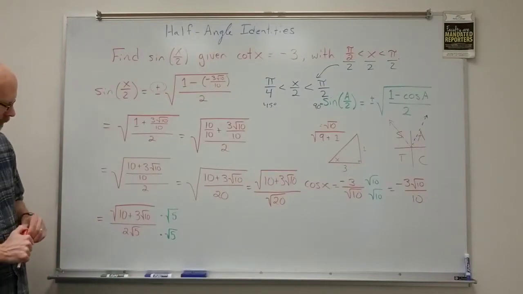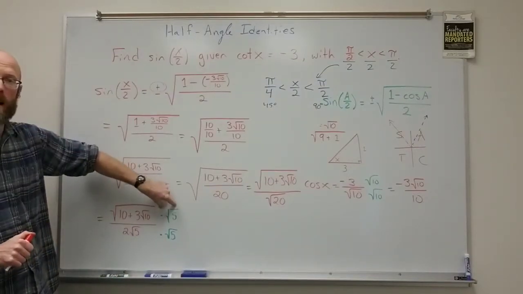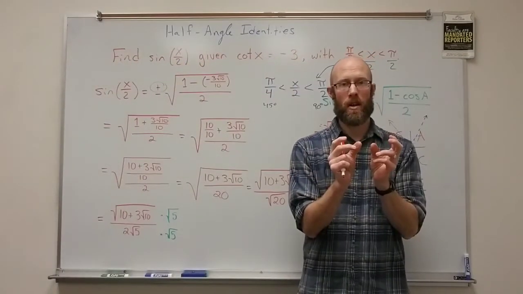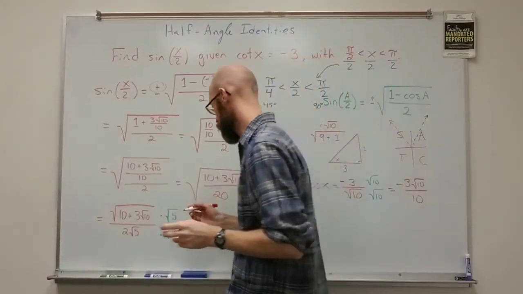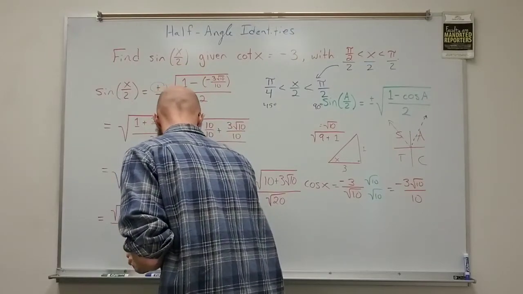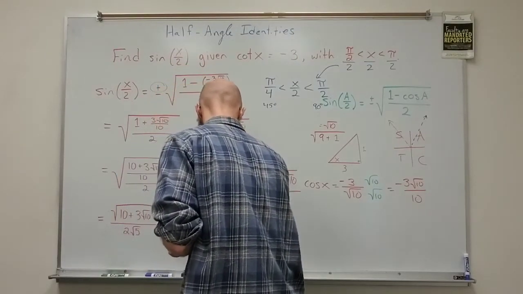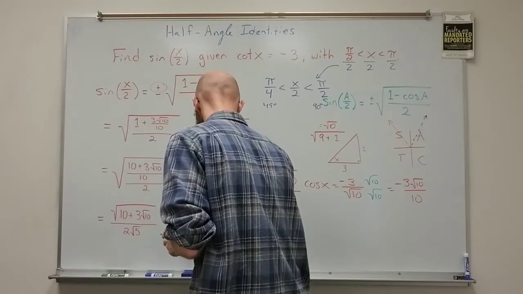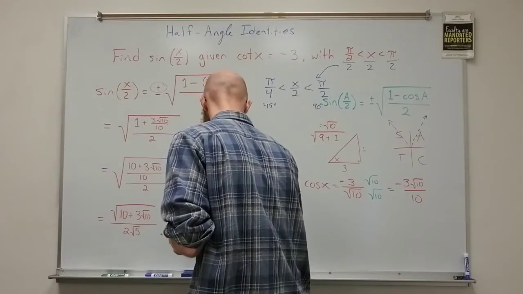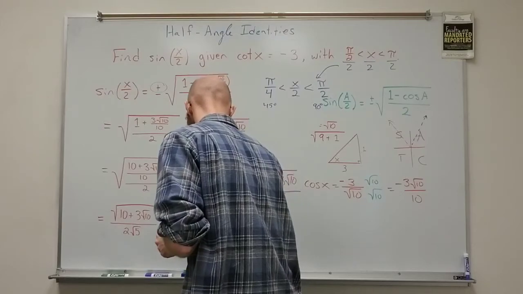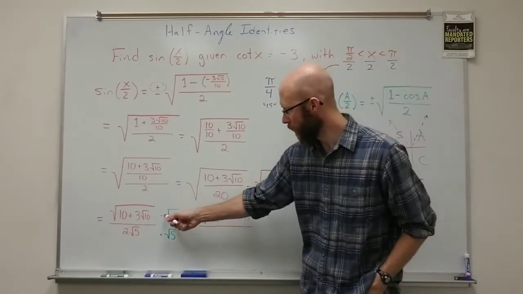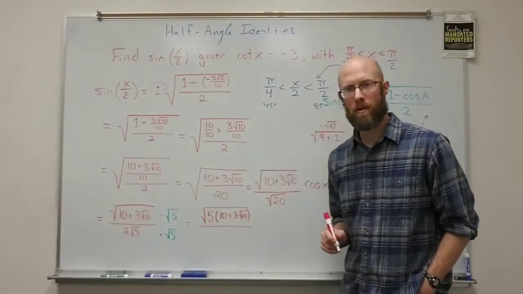Well, this is interesting. I've got a big root and another root on top. When you have two roots multiplied together, you can combine the stuff underneath into one root. So I could do the square root of 5 times 10 plus 3 root 10. I'm combining the 5 times the stuff under the other root.